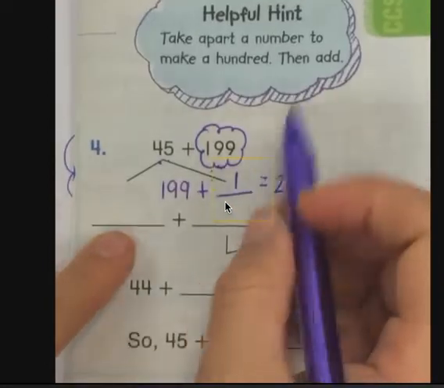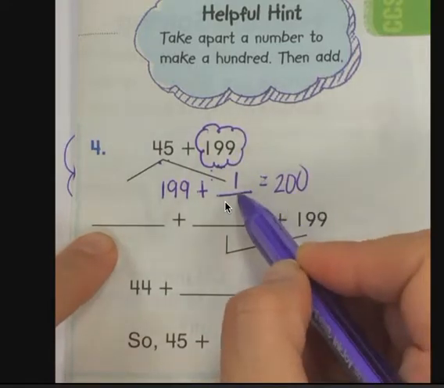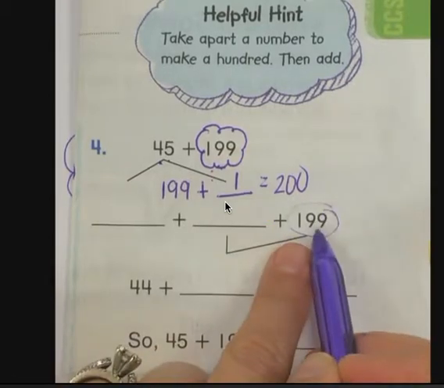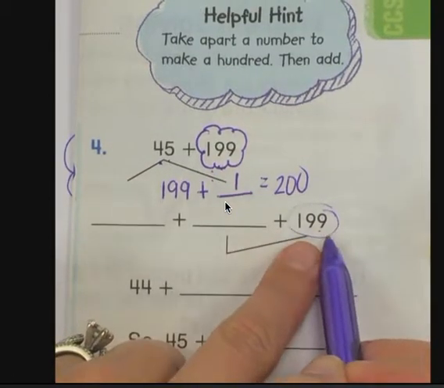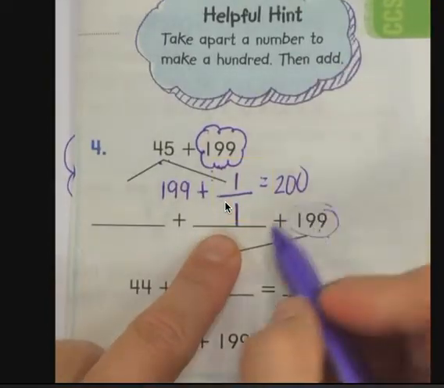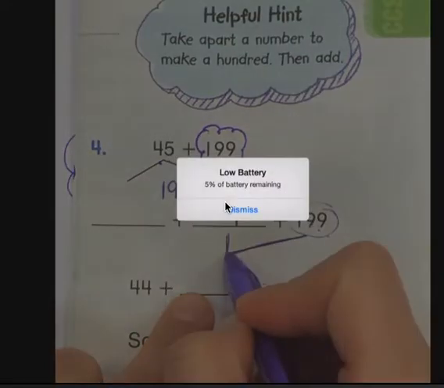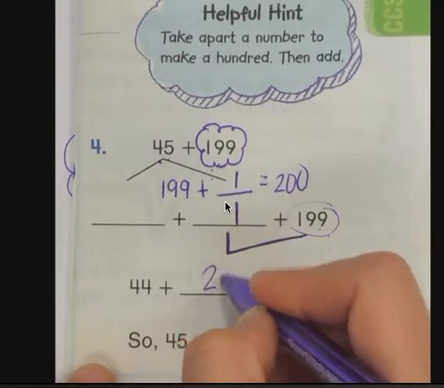So when they did that, they said 199 plus 1 is 200. Here's my 199. So now I have to say, how do I get to 200? 199 plus 1, so I put my little 1 here, and that's how I got to 200. So these two numbers added together get to be 200.